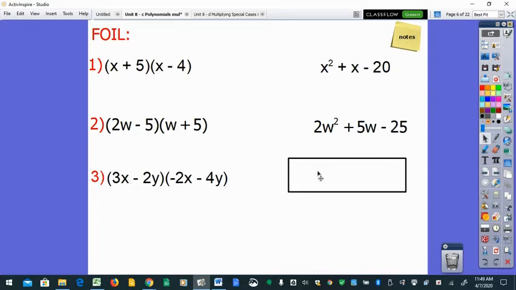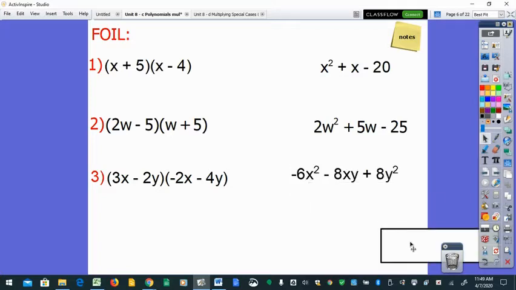Next one has a little bit more negativity, so watch your signs in here. Plus we have 2 variables. So 3x times negative 2x is negative 6x squared. The outer is going to give me negative 12xy. And the inner is going to give me positive 4xy.